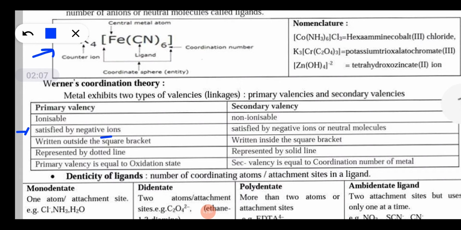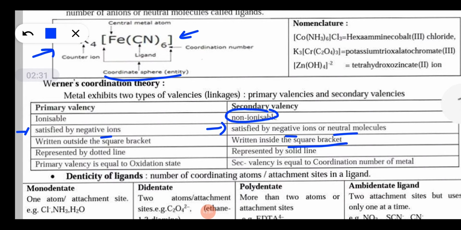Sometimes positively charged ions are also there which act as primary valence. But secondary valencies are non-ionizable and are satisfied by negative ions or neutral molecules. These are present inside the square bracket. Fe(CN)6 is present in the bracket here, you can see. This square bracket is actually called the coordination sphere or coordination entity.